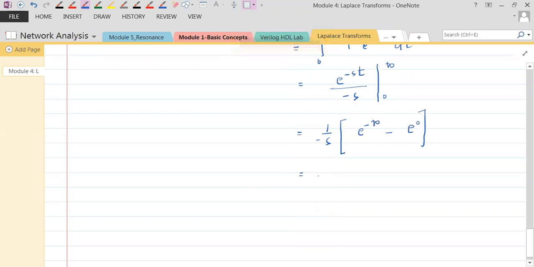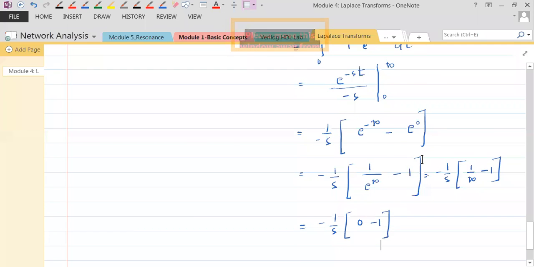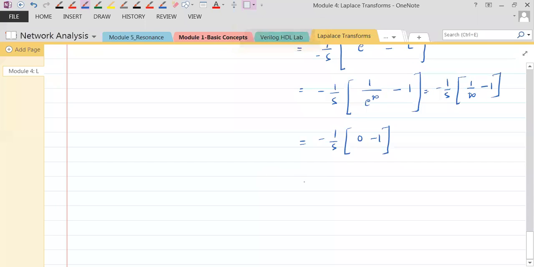It is 1 by e power infinity, and e power infinity is infinity, so 1 by infinity is 0. So this is minus 1 by s into 0 minus 1. Understand that? So what would this be? This would be 1 by s.